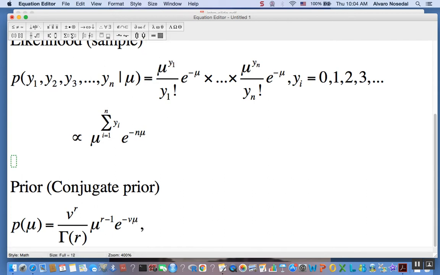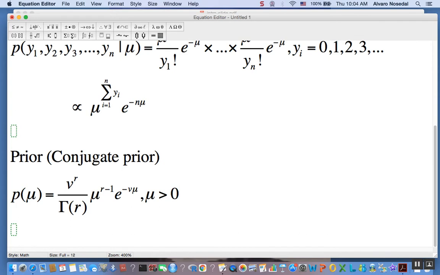That expression makes sense for positive mu's, and we also know that there are restrictions for v and r: both of them have to be positive.